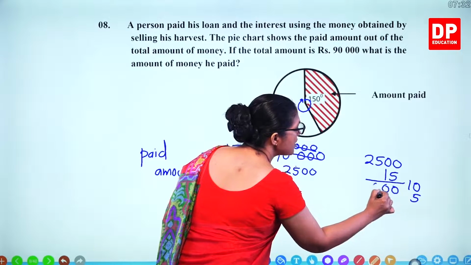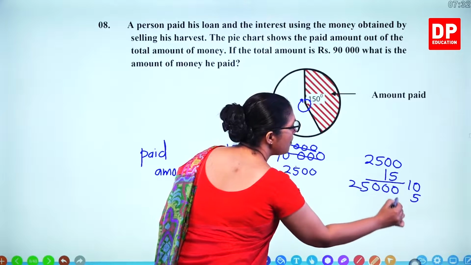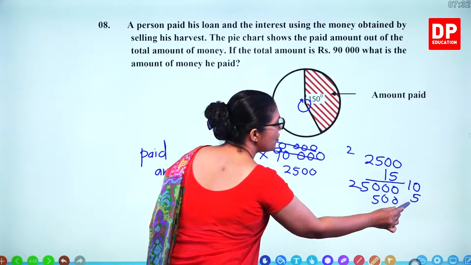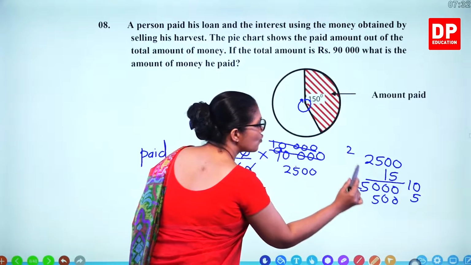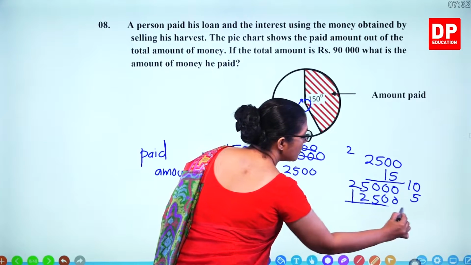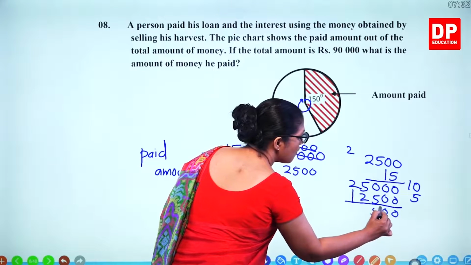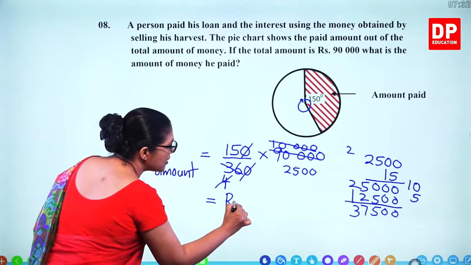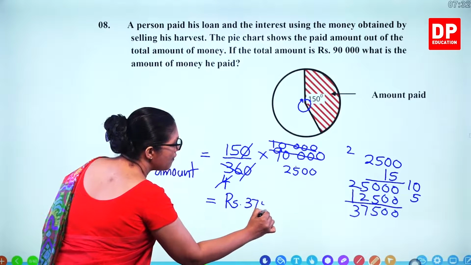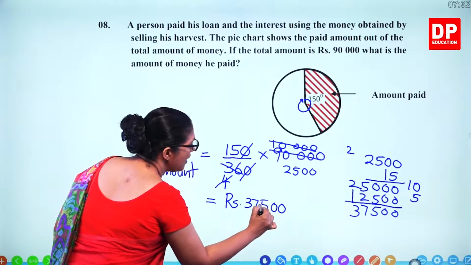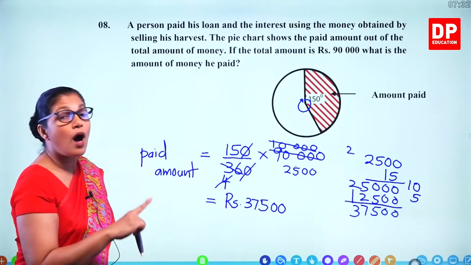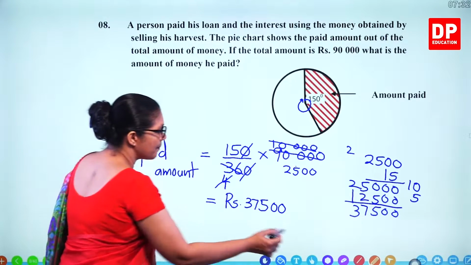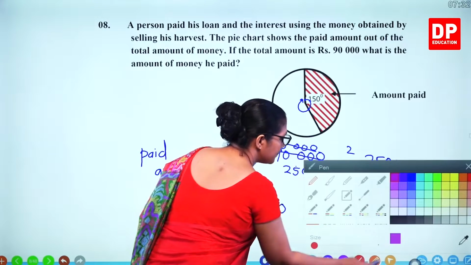Multiplied by 1 first, and multiplied by 5. 5 times 5, 25. 2 remaining. 5 times 2, 10 plus 2, 12. So when you add it, what do you get? You get 37,500 rupees is the paid amount out of 90,000 rupees. So 2 marks for that.